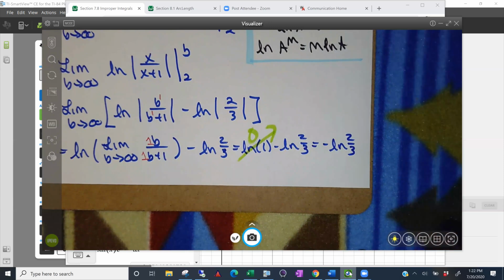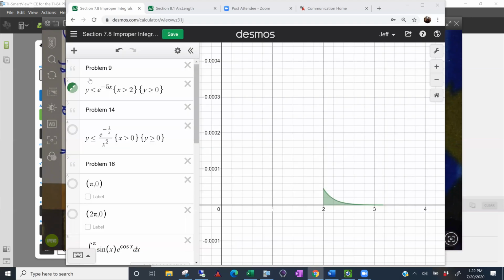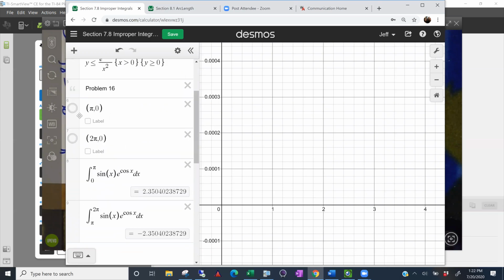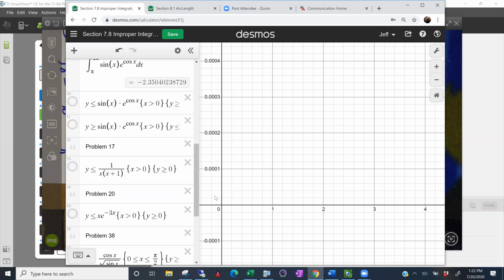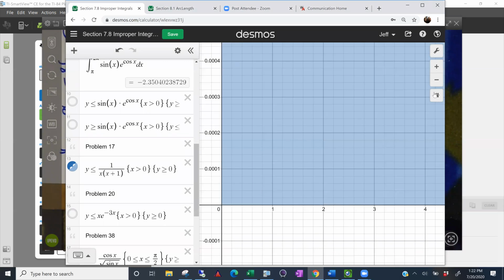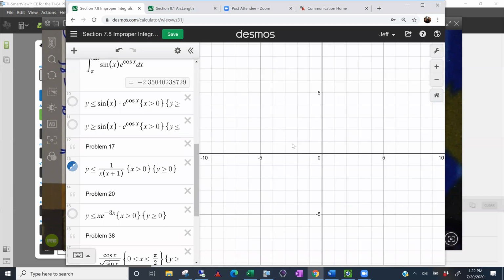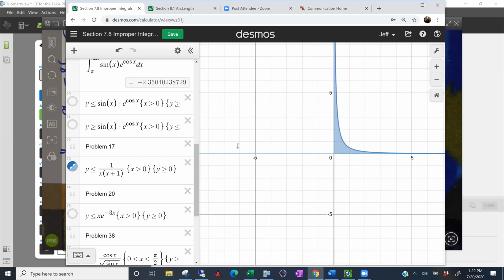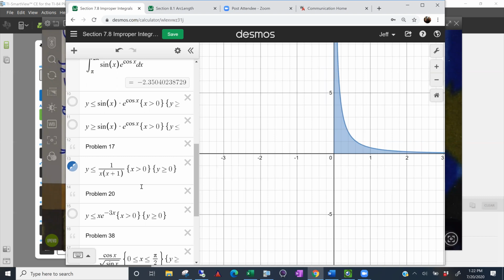Now, at first glance, you're like, okay, but let's think about what this problem is asking us, really. Let me zoom back out a little bit. This was from 2 to infinity. So I've got to keep on changing these. Sorry about that.